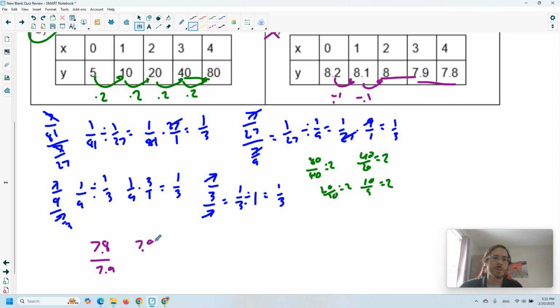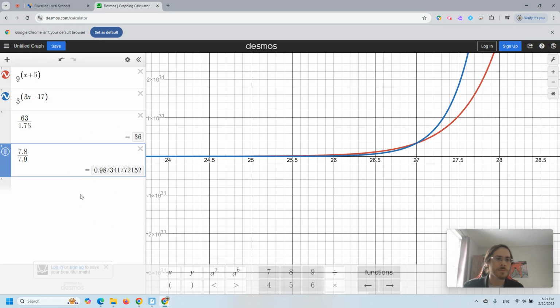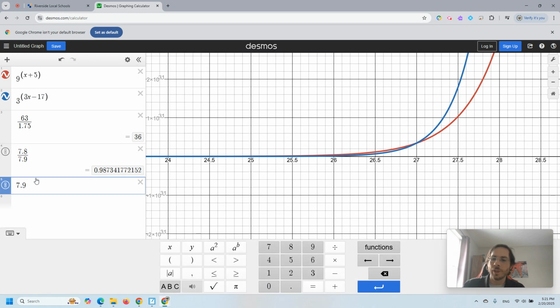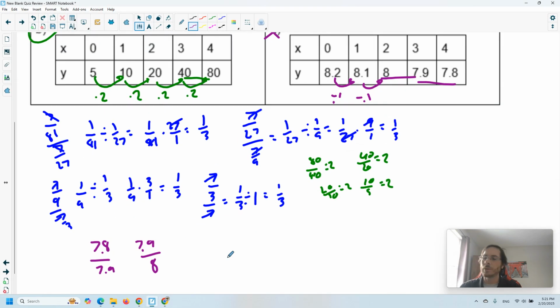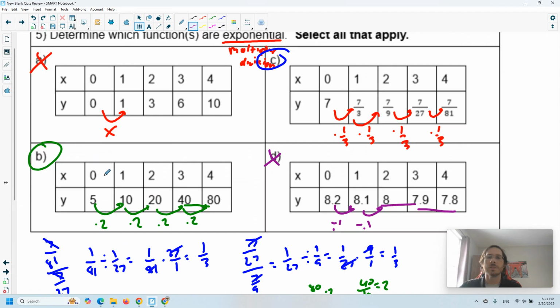So I got to do 7.9 divided by 8. And if this one we should pick it, it would be the same, but those two things are different. So again, we see we get different decimals. So since those are not equal, there is not a common ratio, we would not pick this one. So we would not pick D. So the answers here are going to be C and B. B and C do work out.